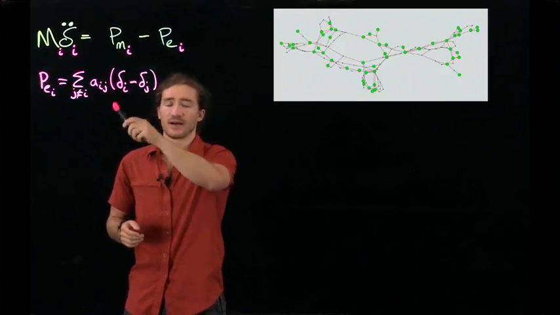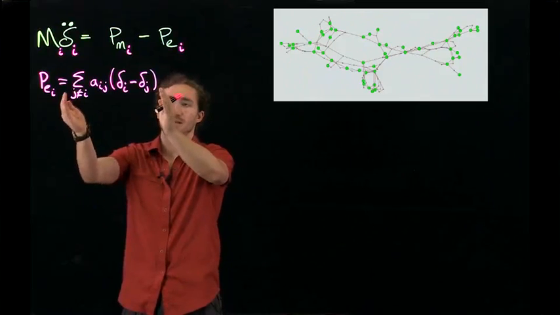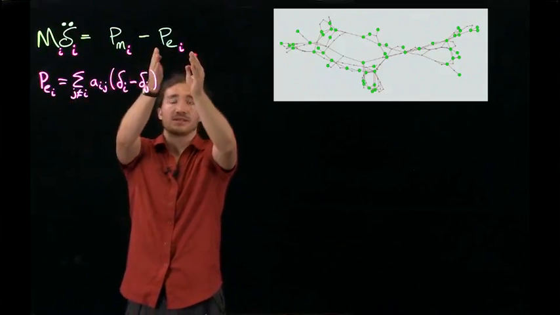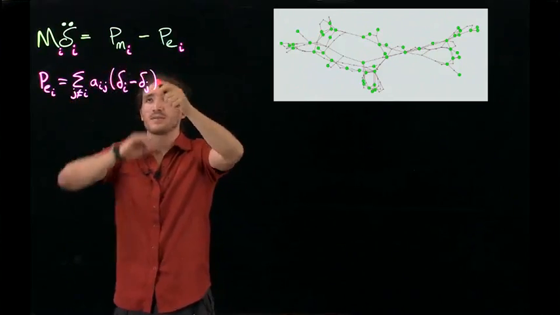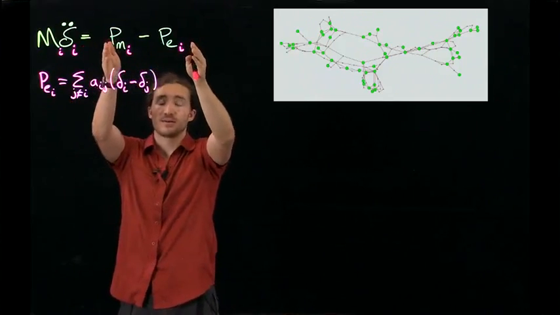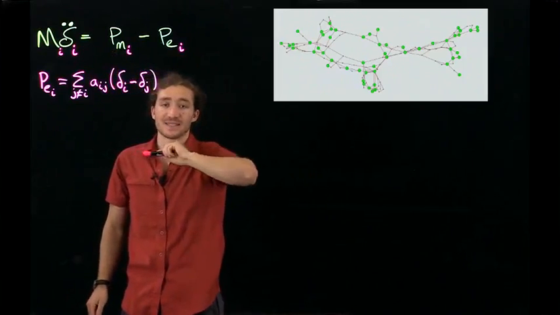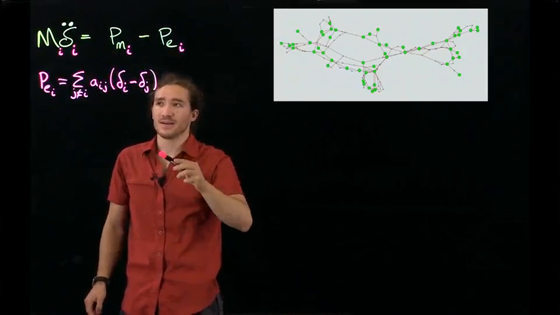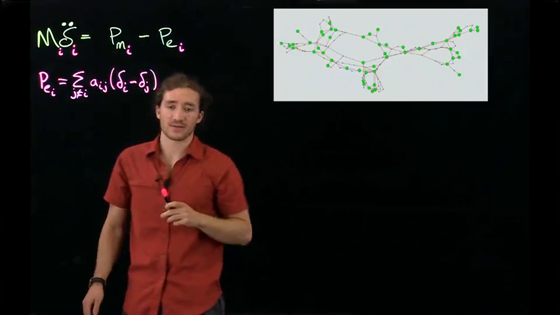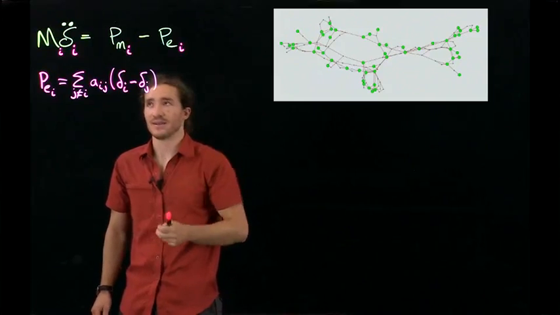So if generator I is leading, then that means that this term is greater than 0, which means this term is less than 0, and that probably is going to mean that the whole term is going to be less than 0, which means that rotor I is going to be decelerating. So it's going to be slowing down, which is sort of interesting. If rotor I has greater value than the other generators, it has a tendency to slow down.